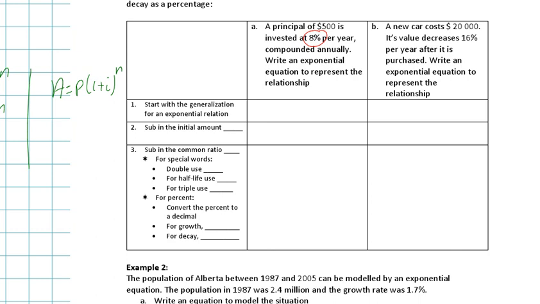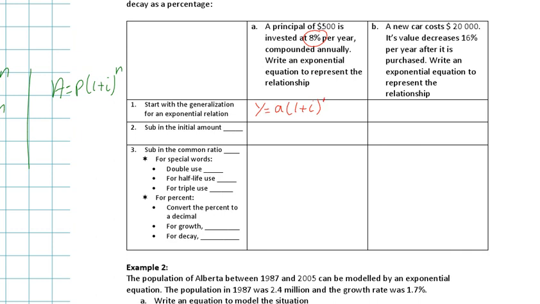Now, question to you. Is the money going to be growing or is it going to be decaying? Is the money in the bank going to be increasing or decreasing? Increasing. So which formula do I use? The first one, the one plus, or the one minus? The plus. Good. So I'm going to write the equation. y equals a(1 plus i) to the power of x.